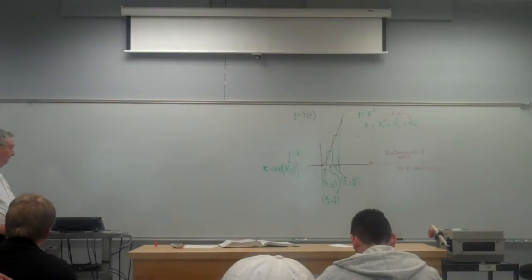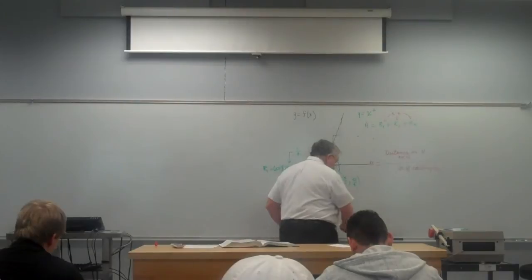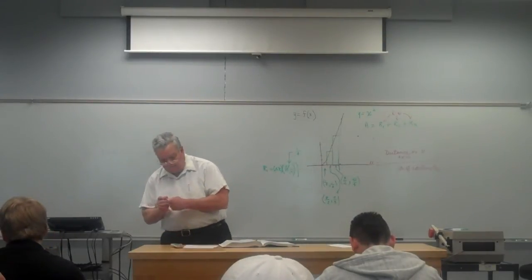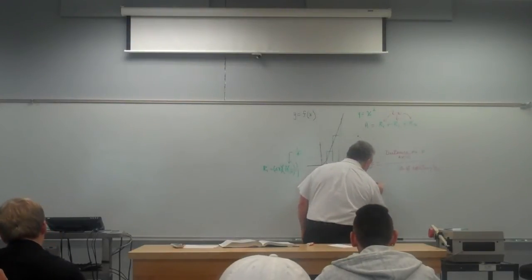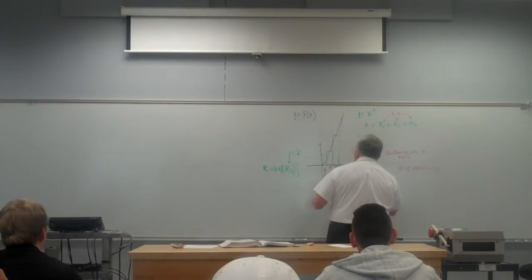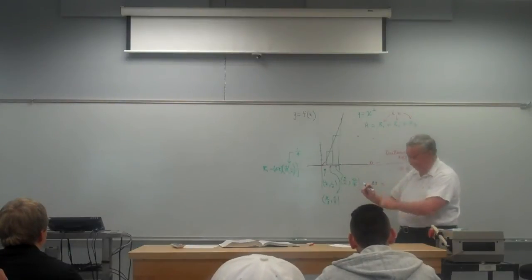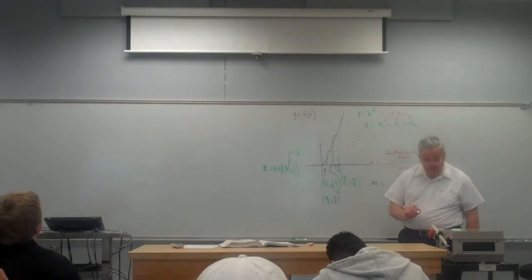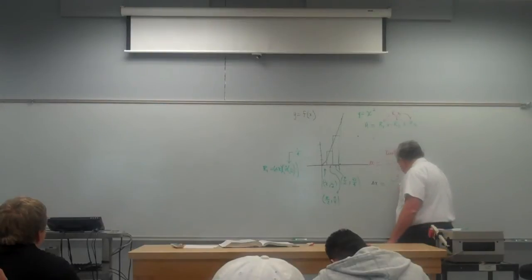Now, in this case, my delta x is equal to the distance on the x-axis, which I think is 3. And how many rectangles? 3.